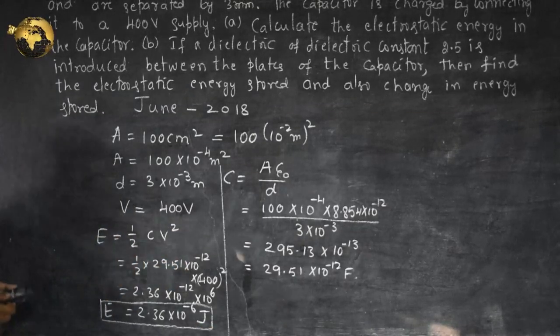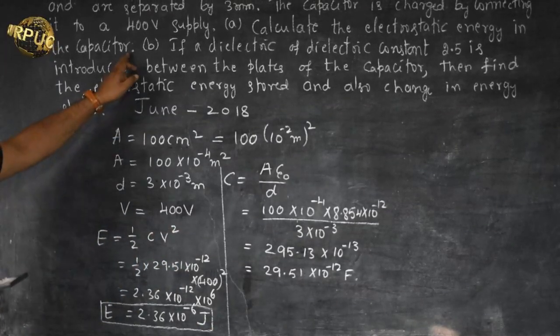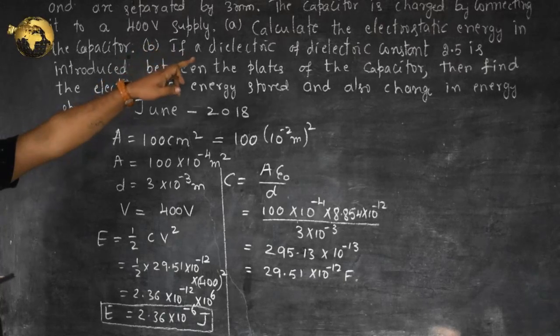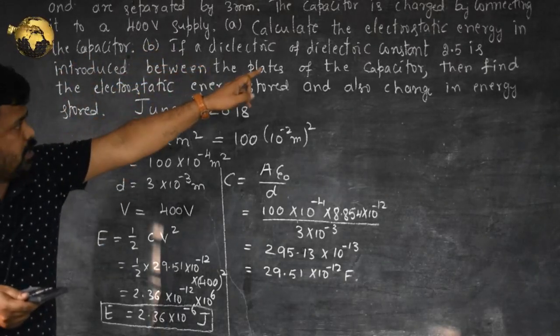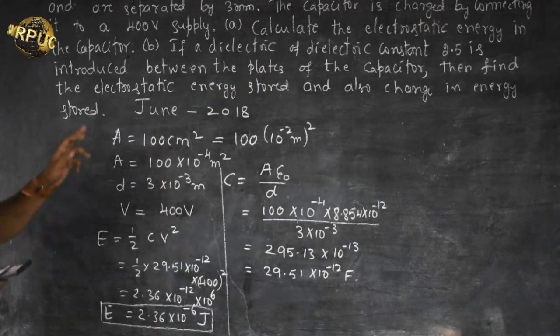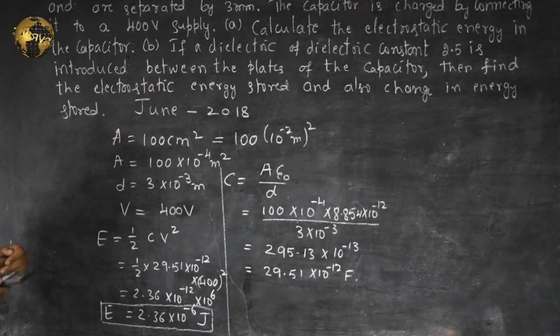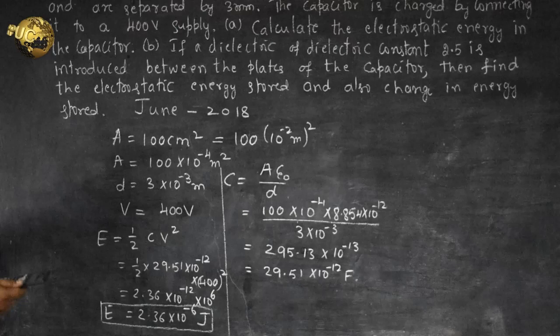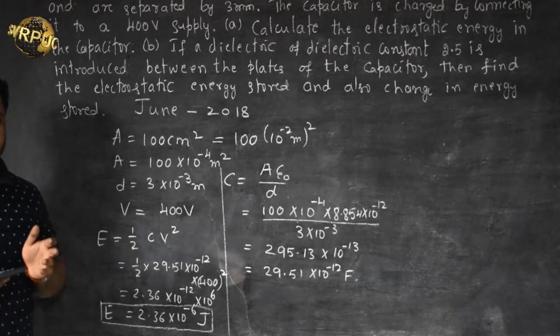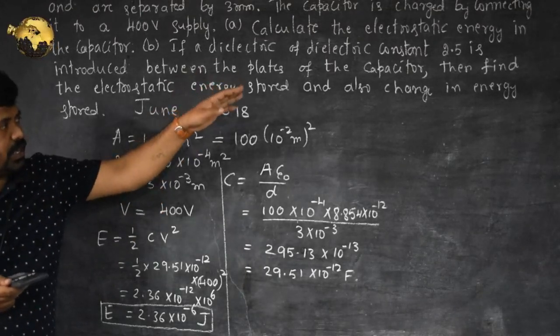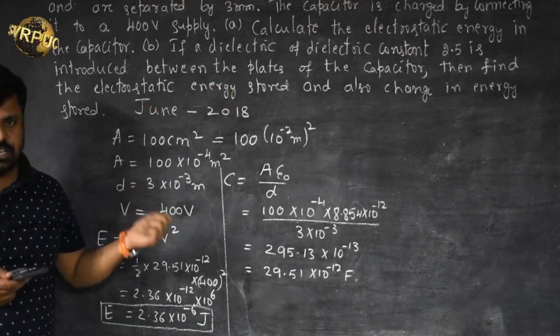That was the first problem. The second one: up to here we have calculated the energy stored in the capacitor. If a dielectric of dielectric constant 2.5 is introduced between the plates of the capacitor, then find the electrostatic energy stored. When a dielectric is introduced, the capacitance changes.